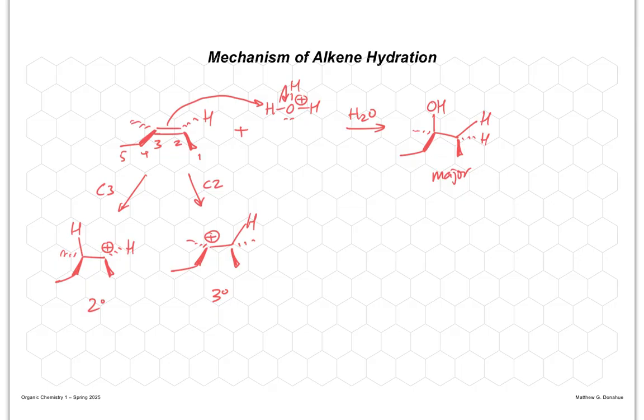So we always want to form the more stable carbocation. So that's formed preferentially. Now the carbocation's electrophilic. We're in the presence of water. Water supplying electrons is going to trap the carbocation.